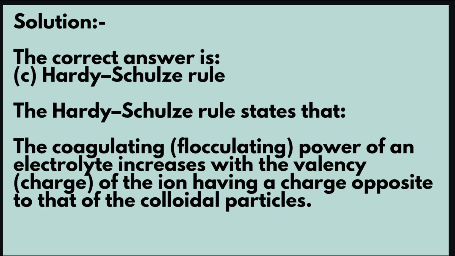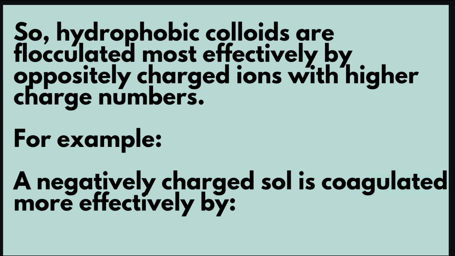For this question, the correct answer is the Hardy-Schulze rule. The Hardy-Schulze rule states that the coagulating or flocculating power of an electrolyte increases with the valency of an ion having a charge opposite to that of the colloidal particle. So, hydrophobic colloids are flocculated most effectively by oppositely charged ions with higher charge numbers.